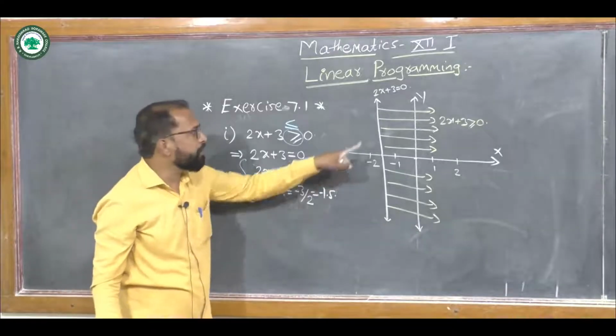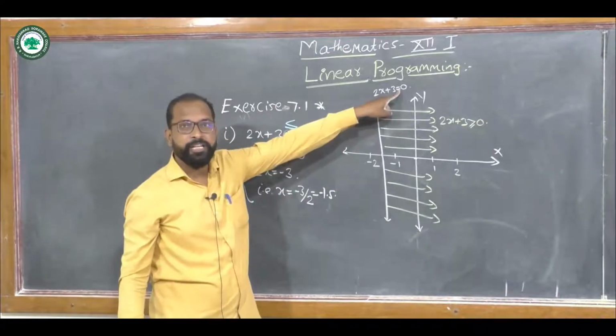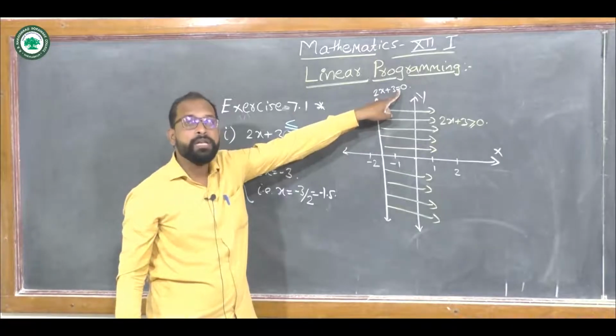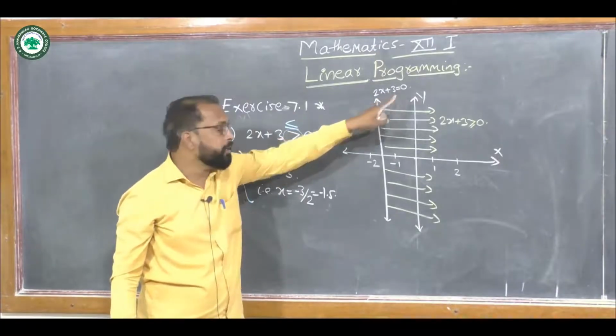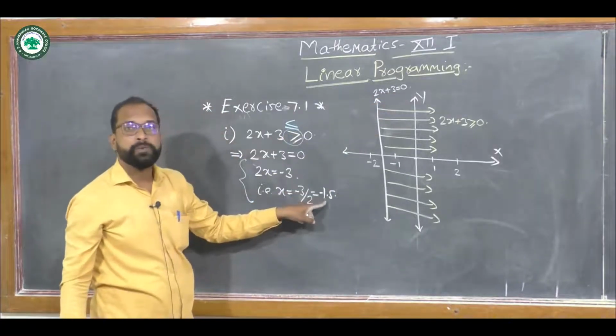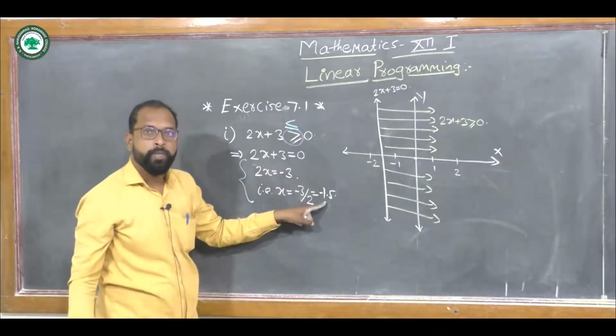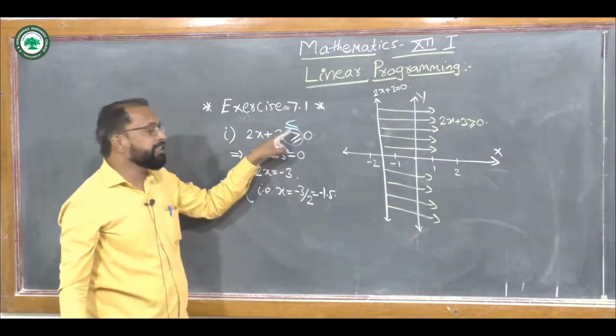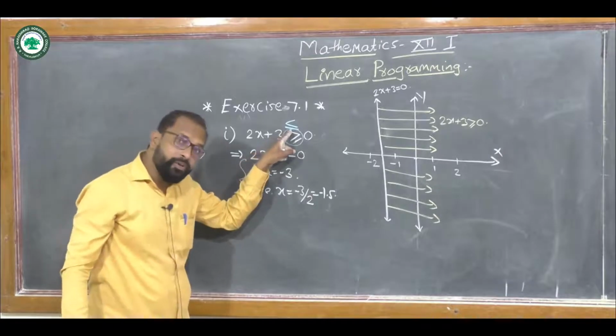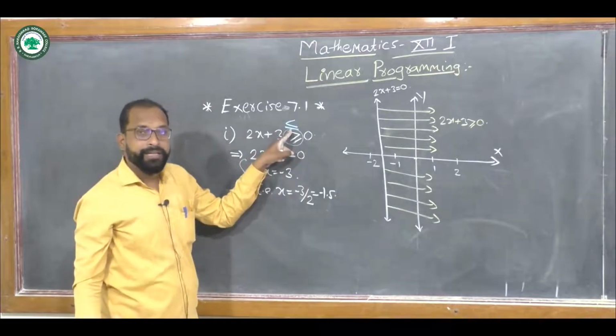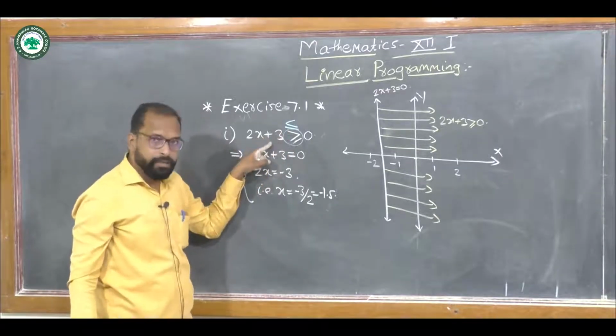That is, again we draw the line 2x plus 3 equals 0, which passes through the point x equals minus 1.5. But now the inequality is of the less than or equal to type.